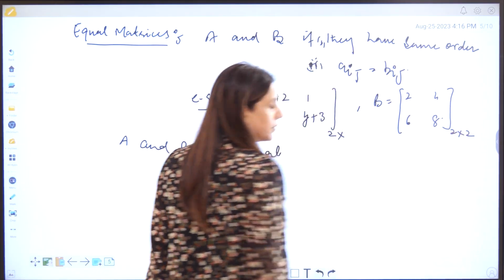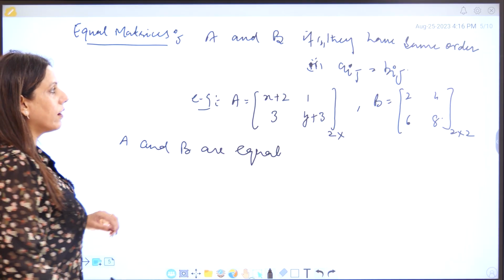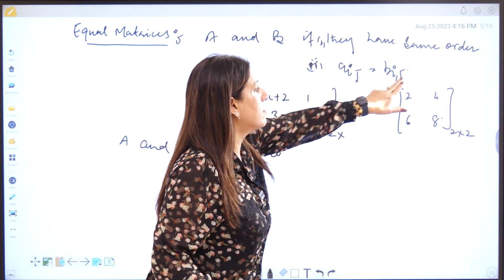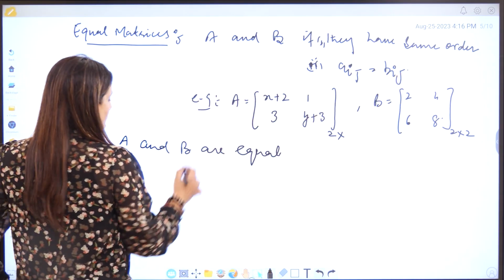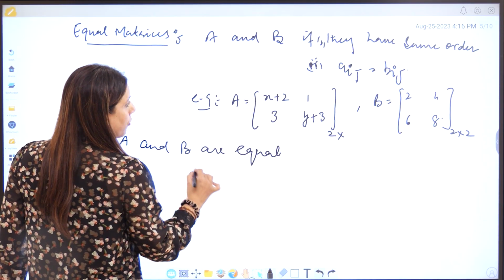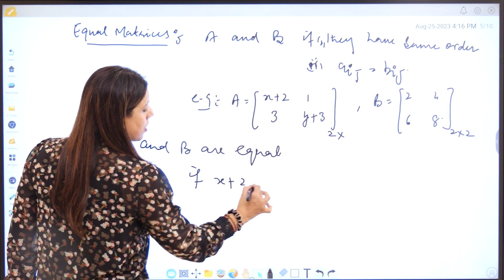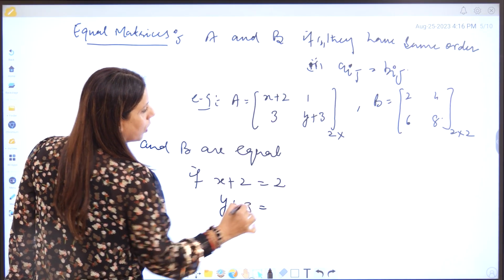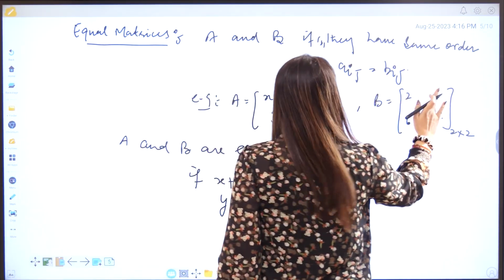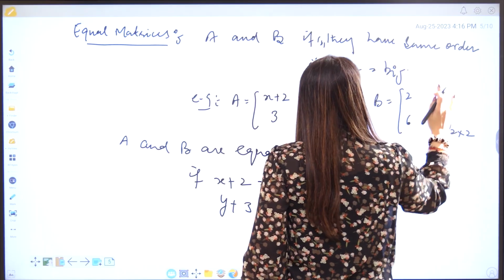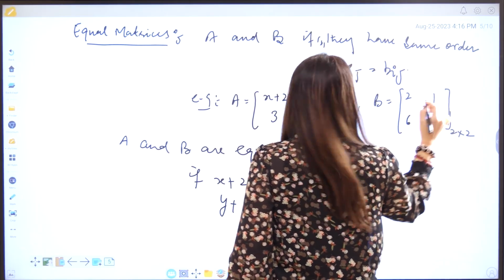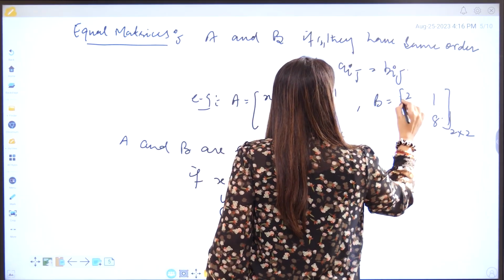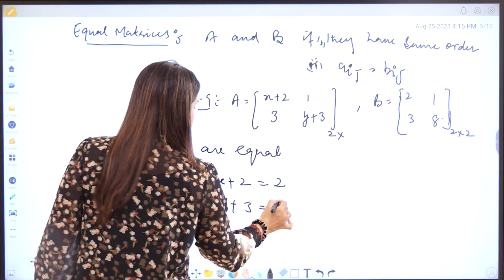And the second condition is Aij is equal to Bij. Both are equal if x plus 2 is equal to 2, and y plus 3 is equal to 8.